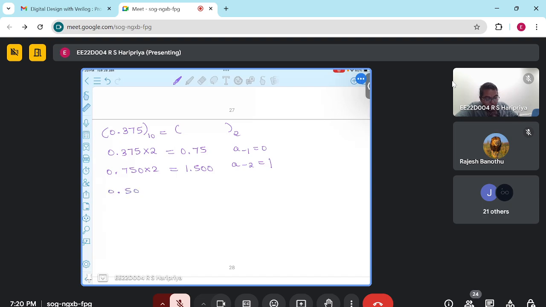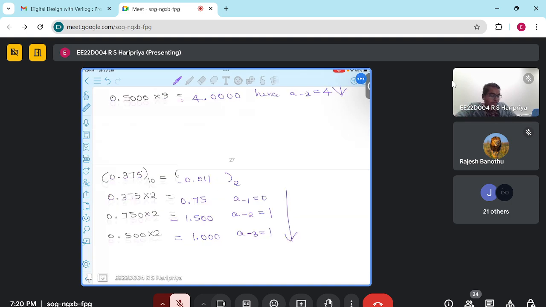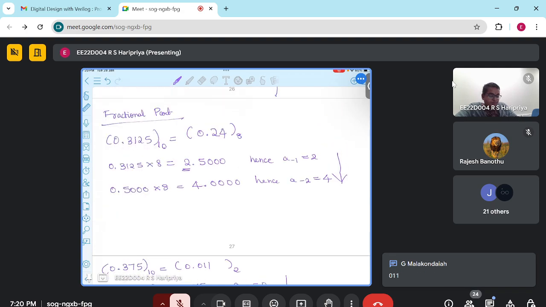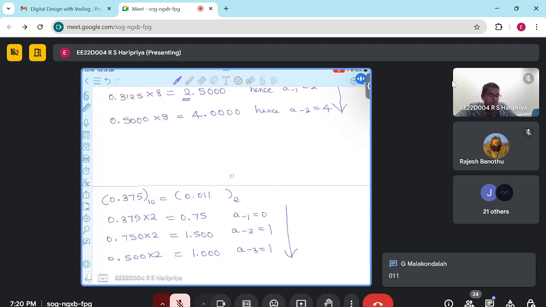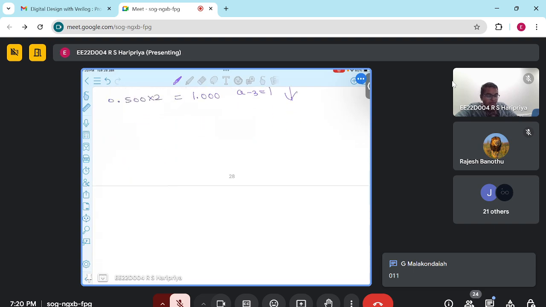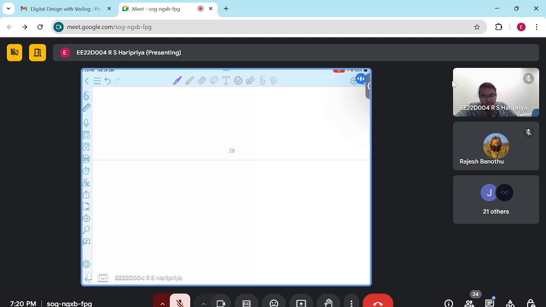Again 0.5 into 2 is equivalent to 1. So a minus 3 is 1, and we write in this order. So this is how we convert the fractional part from base 10 to binary or base 10 to octal. Yes, it is 0.011. Okay, next conversion.